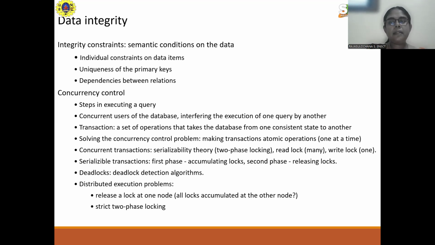If there are multiple transactions happening in the database, concurrency control is very essential. Concurrency control ensures that transactions happen in a serial manner, and even though there are concurrent accesses, it is essential to ensure that there are no deadlocks.